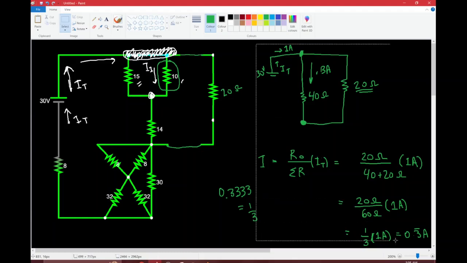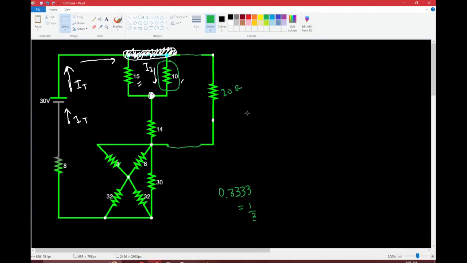Okay, so anyways, that's just a bit of a detour, but now we know that 0.5 amps goes down this way. And since IT, the incoming current into this parallel circuit, is 1 amp, we have 0.5 amps left to spread across these two resistors.